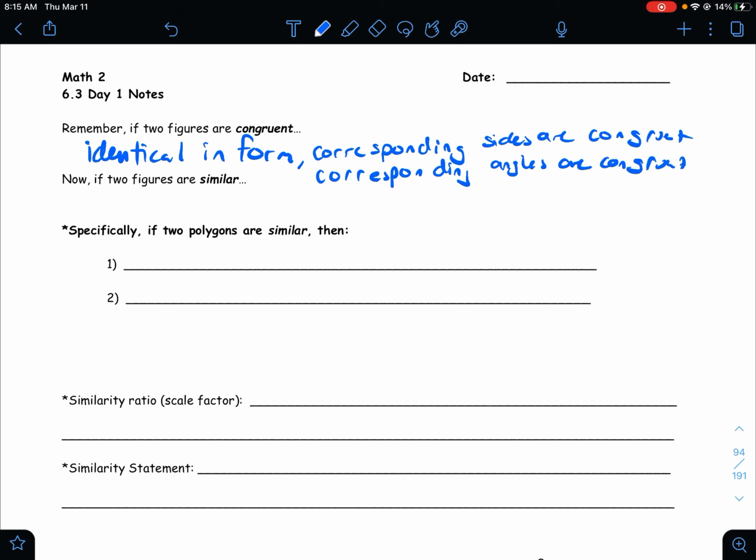So essentially it's the exact same shape. The orientation might be different, like one might be flipped to the side, turned upside down. Those can still be congruent, but the side lengths, the corresponding sides, are the exact same size and the angles are the exact same size.